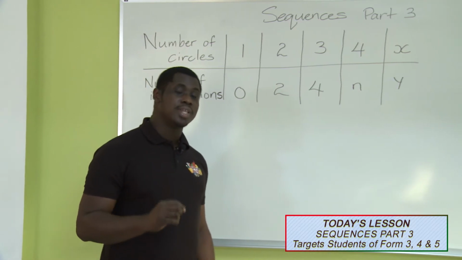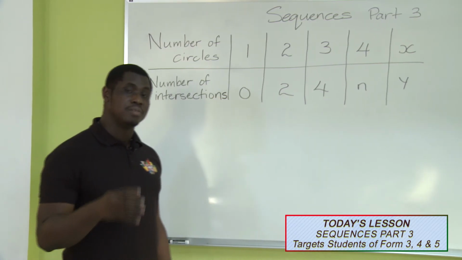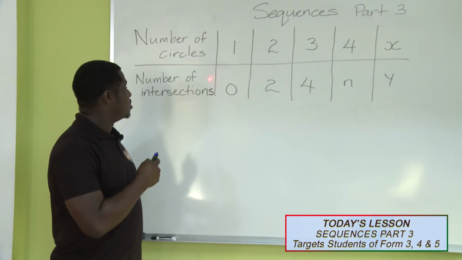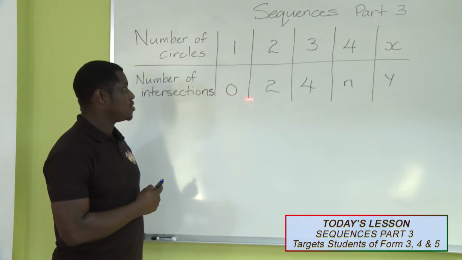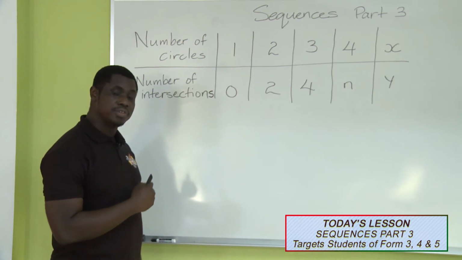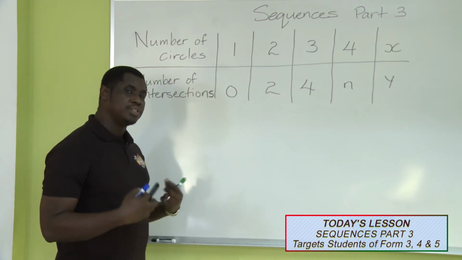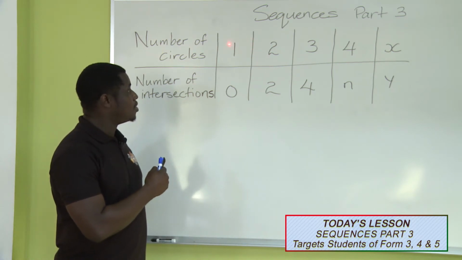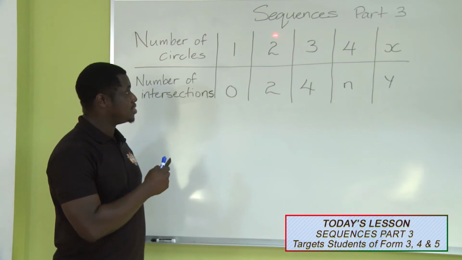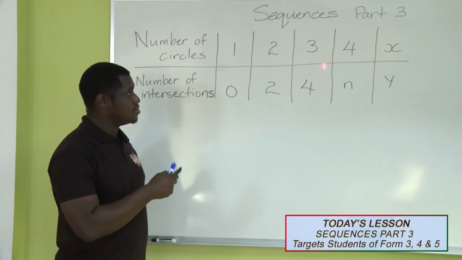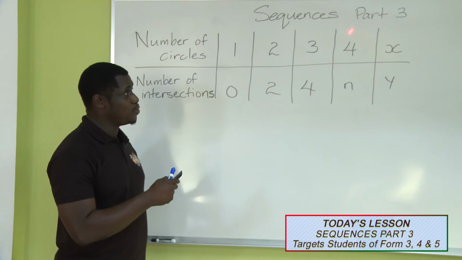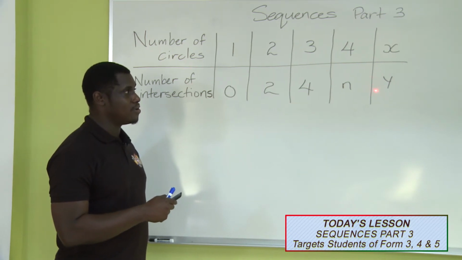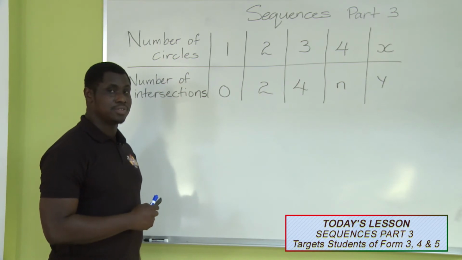First of all, we must identify the pattern or the mathematical rule that governs the number of intersections compared to the number of circles. Let us try to create something and test it to see if it works for the first pattern, the second, the third. We could also test it for the fourth, and then we can conclude that it's going to work for when we have x number of circles.